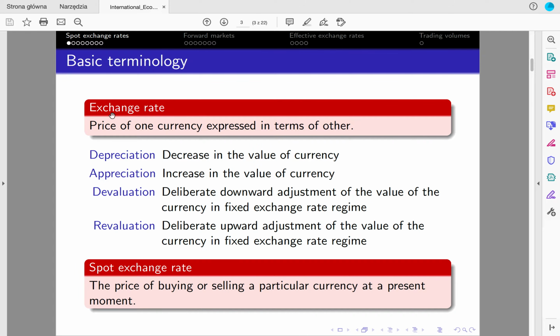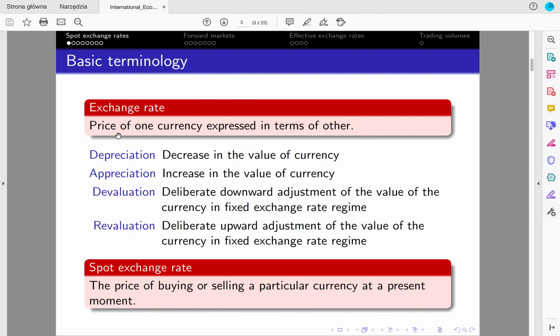Okay, exchange rate is a price of one currency expressed in terms of other. Right? So basically it tells us how many units of one currency we need to exchange for 1 unit of other currency, or how much we are going to get for 1 unit of the currency we have.